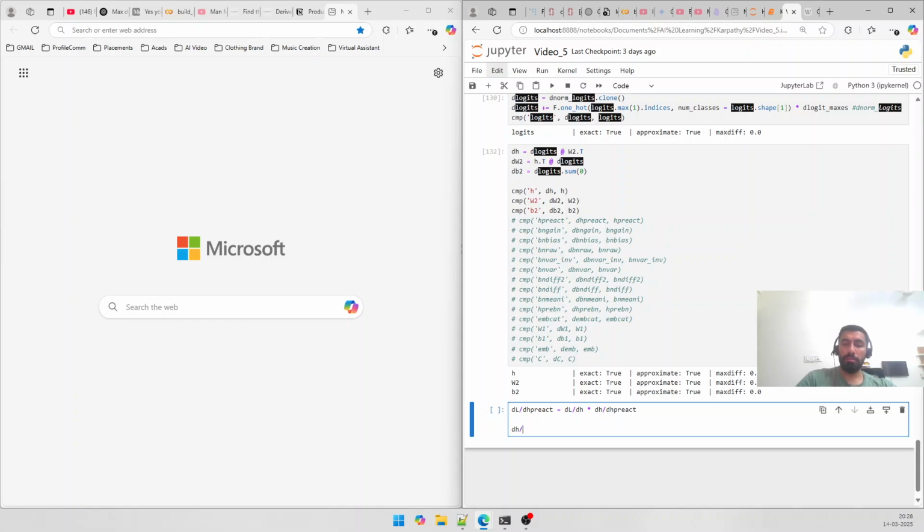Now dh by dhp React will be equal to d of tan h of HP React by dhp React.